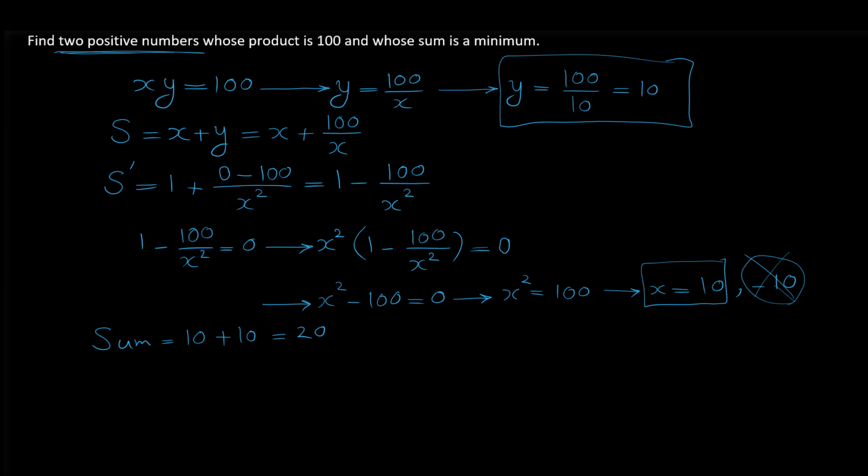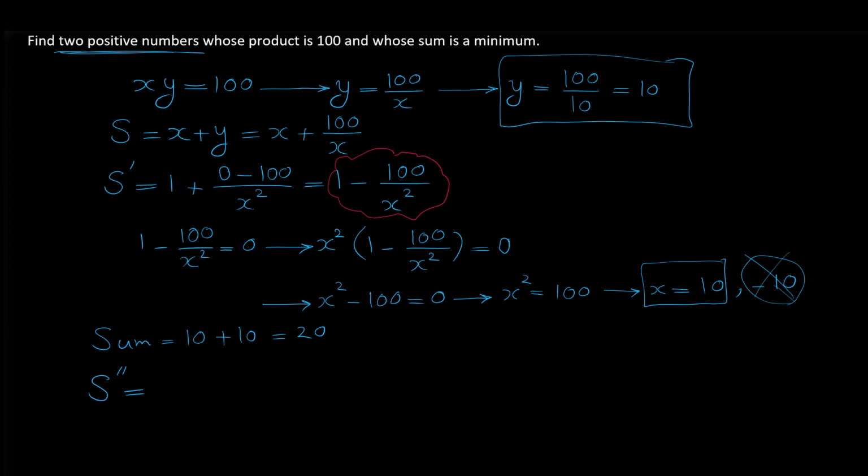If you want to prove that these answers for x and y show the minimum of the sum, you can use the first derivative test or second derivative test. Here I use the second derivative test. For the second derivative test, we have to find s double prime. We have to find the derivative of s prime again with respect to x, the derivative of 1 minus 100 over x^2.